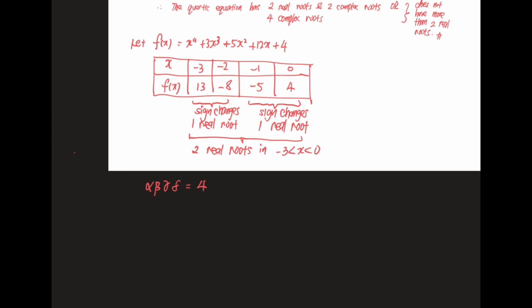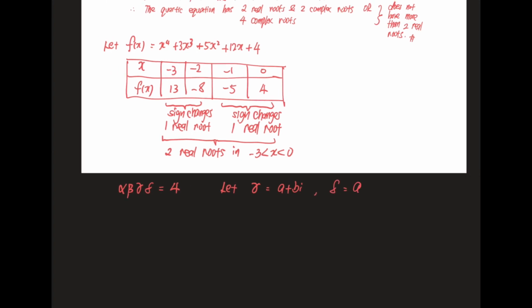So let gamma equal a complex root, in general a plus bi, and delta will be the complex conjugate, a minus bi. Then I substitute inside: alpha beta (a plus bi)(a minus bi) equals 4.